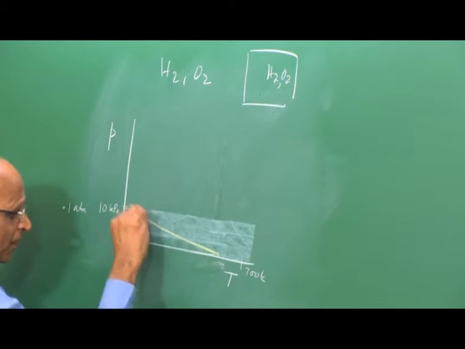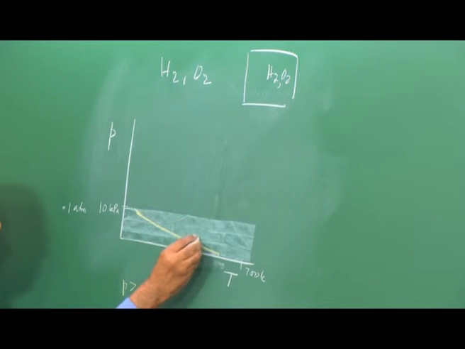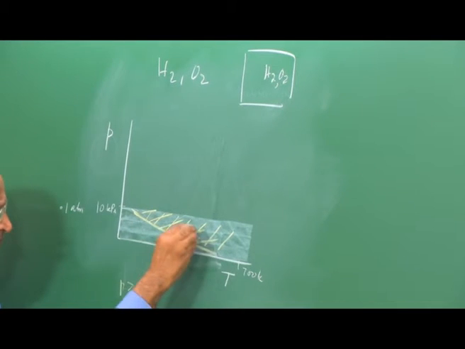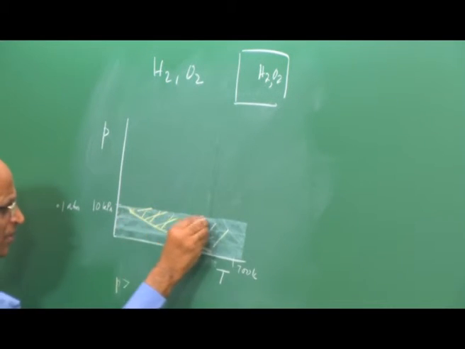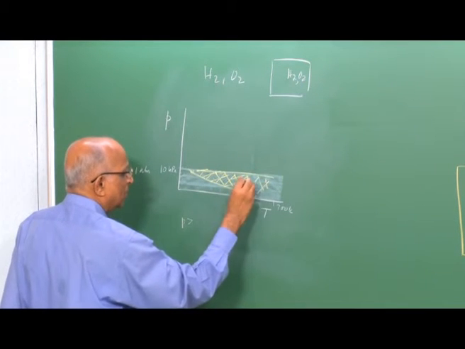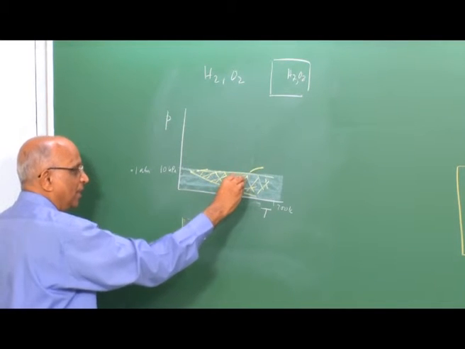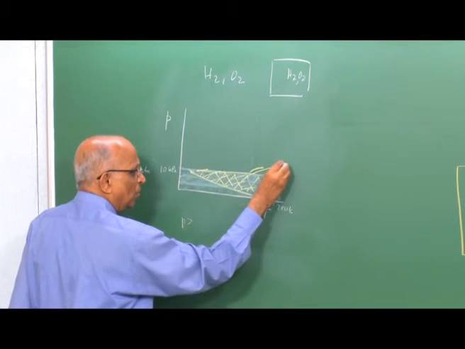That means, at very low pressures and high temperatures, chains are created in this region. As the pressure increases at lower temperature, more chains are being formed, and this corresponds to a lot of chains, and these chains can recombine and generate heat. Therefore, this hatched region corresponds to an explosion.